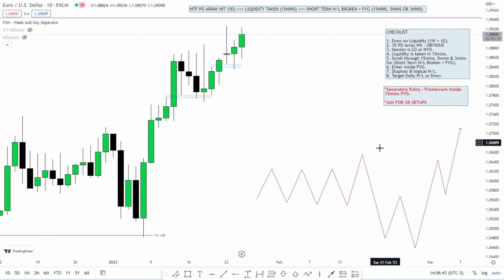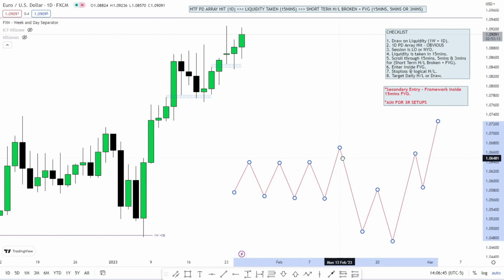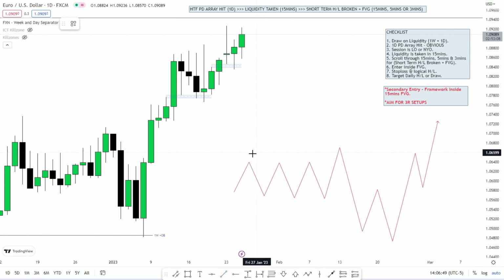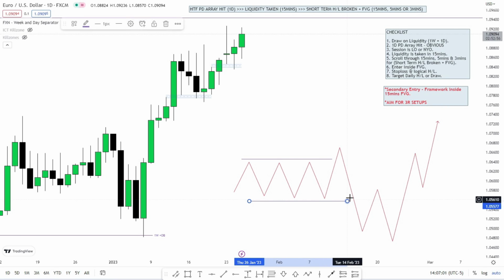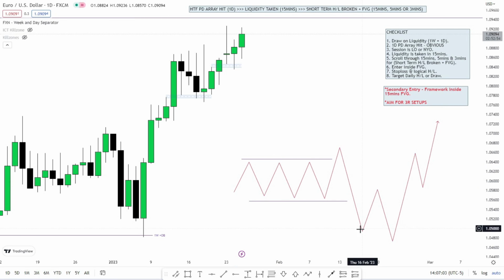So this is the Asian range. This is just an example. So you probably have something of the sort in your charts. Then you see you have a PDRA down here.